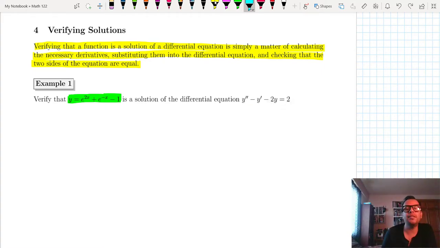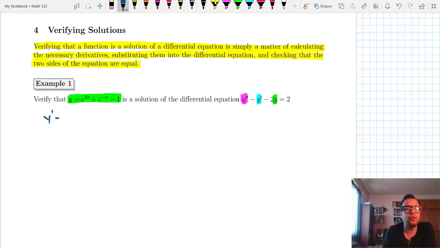Okay, what are we going to do here? Notice that the differential equation is calling for the function itself, its first derivative, and its second derivative. So we need to find the first and the second derivative of that function and then plug everything into the given equation.